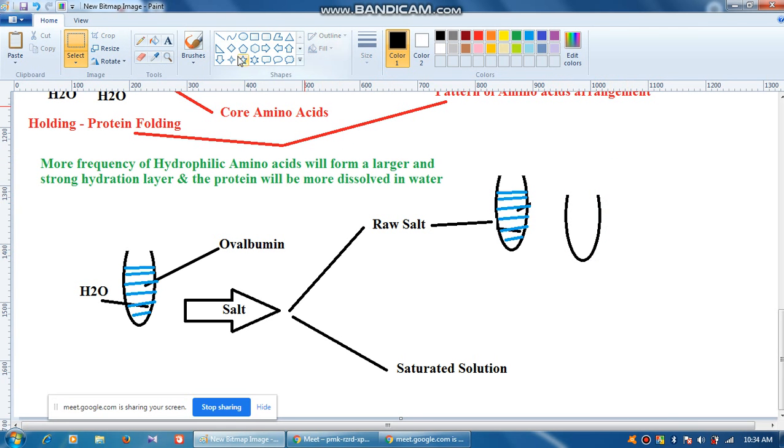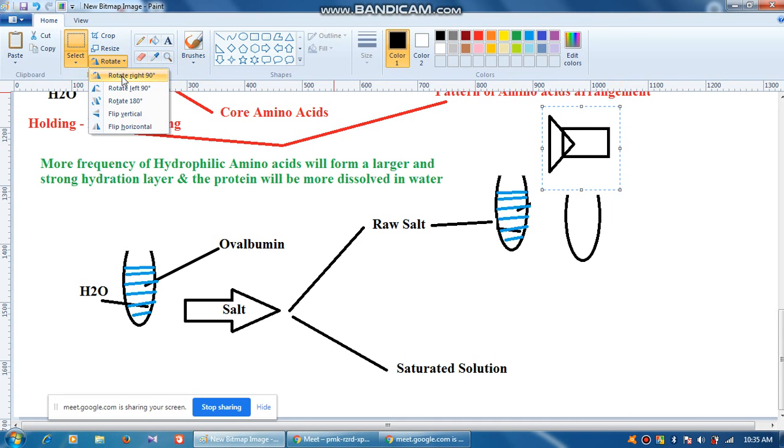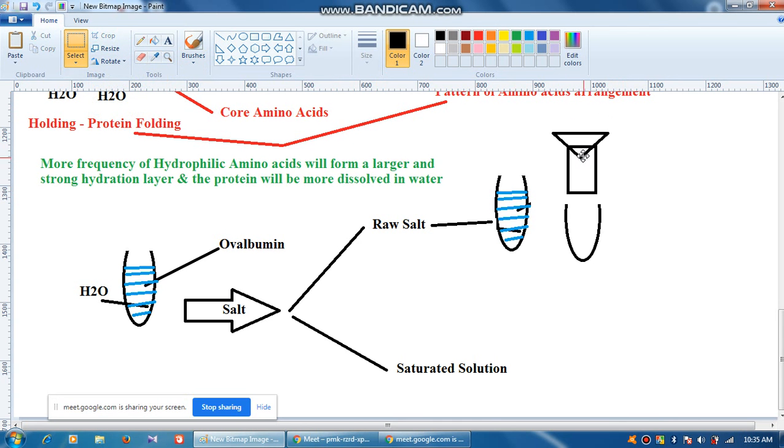So this is a funnel. I am putting it here.